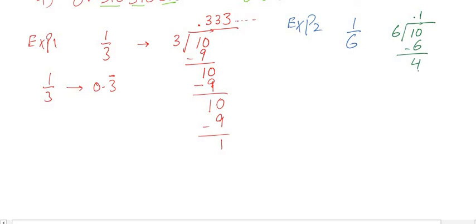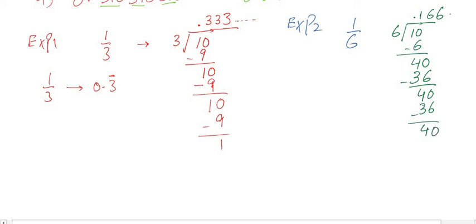Now 4 is smaller than 6 again, so we can put 0 here. What number multiplied gives you 40 or less than that? That number is 6. 6 times 6 gives you 36. Again we are left with 4, again 0. Again 6 times 6 is 36, and subtracting it becomes 4.